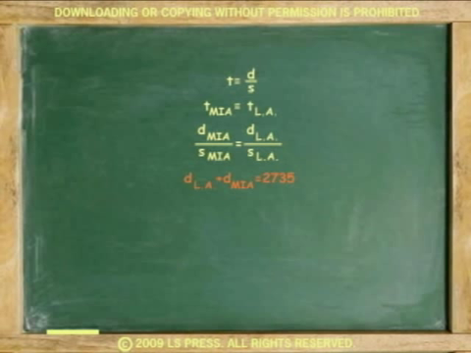Because distance Los Angeles plus distance Miami equals 2,735, solve for distance Miami and substitute distance Miami equals 2,735 minus distance Los Angeles in the previous equation. Solving equations as a system and substituting speed LA equals 52 and speed Miami equals 48.